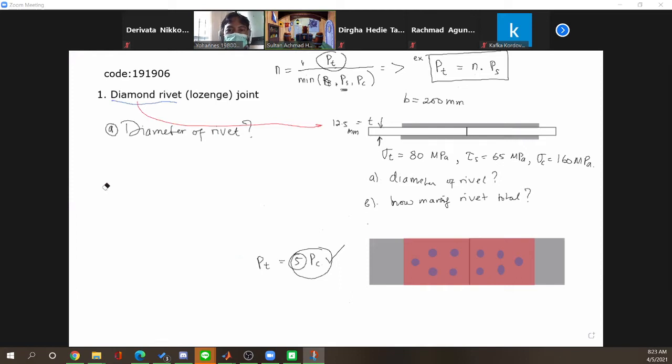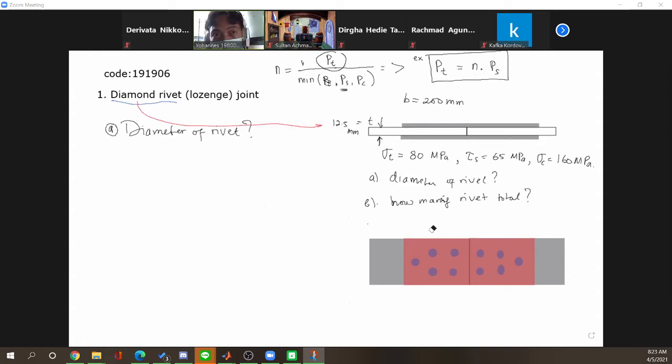Excuse me, sir. I want to ask you something. Yes, please. So the calculation for the number of rivets is just for one side, sir? For this kind of geometry, yes, for the double strap butt joint.